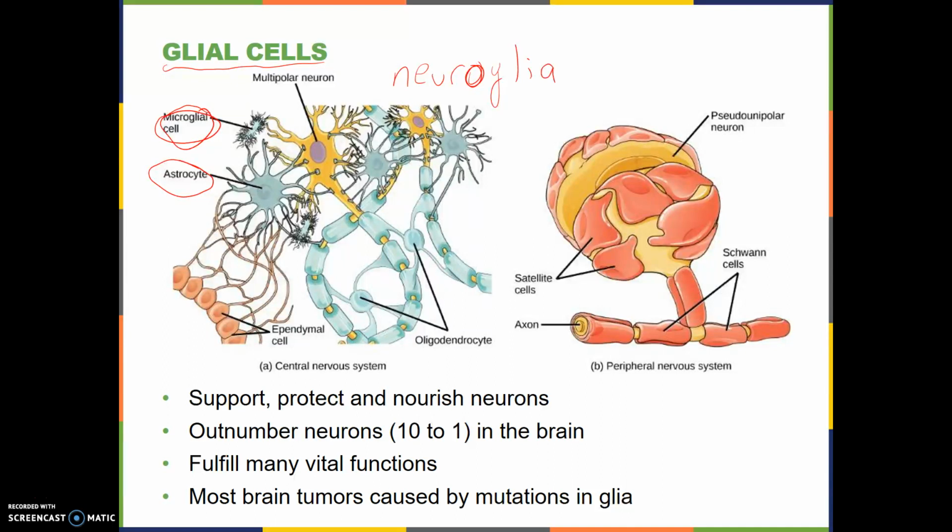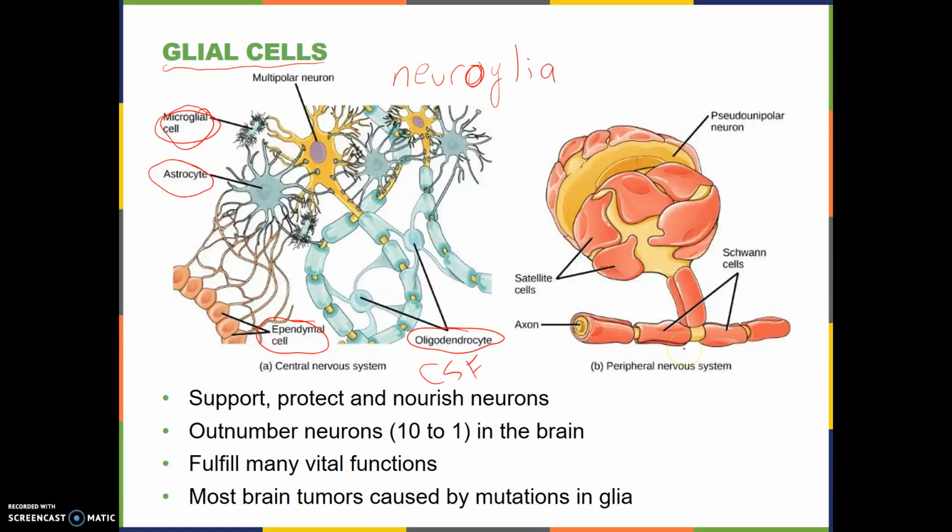The neurons don't have the ability to regenerate. Ependymal cells produce the cerebrospinal fluid, which is CSF. Oligodendrocytes, we already mentioned, produce the myelin that wraps around axons, acts as insulation, and causes the nerve impulse to travel faster down the axon.